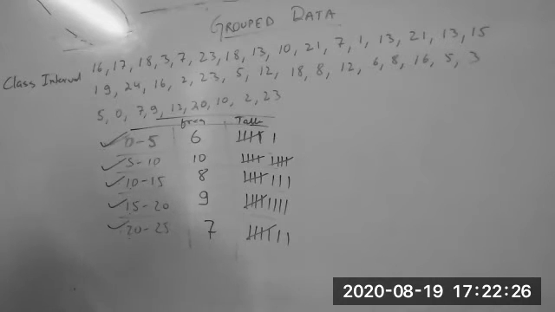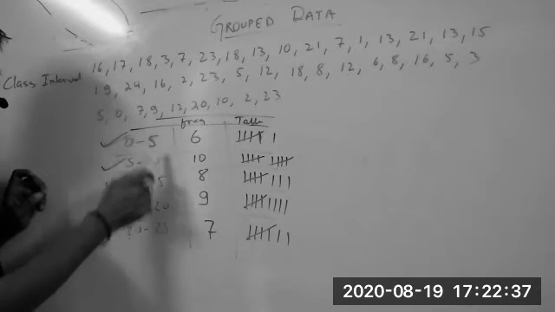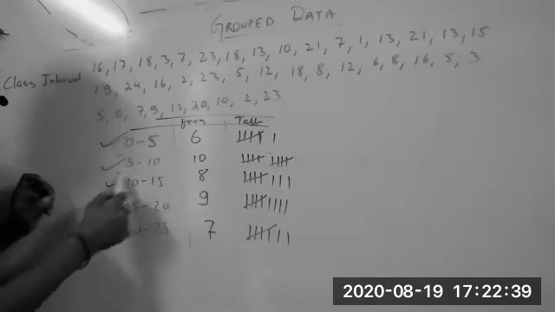Write it down with these examples. What is class interval? Because I will discuss three or four terminologies now. You have done this grouping? Correct. Each group is known as class interval.